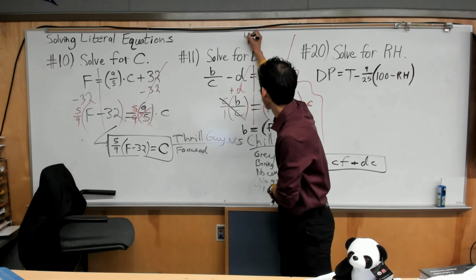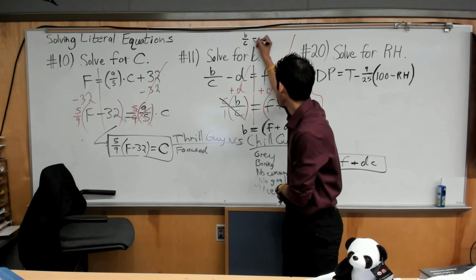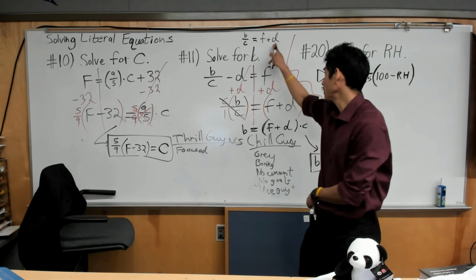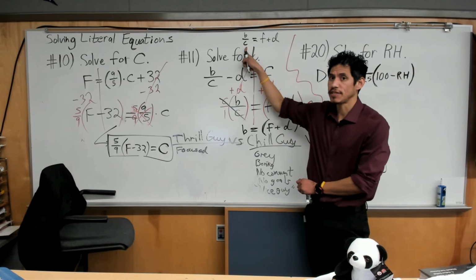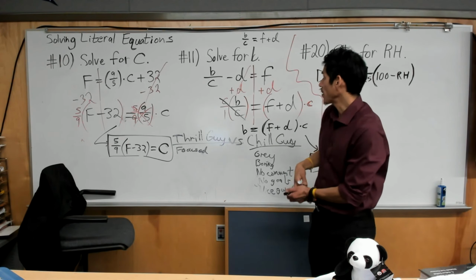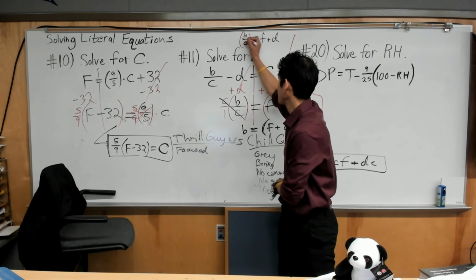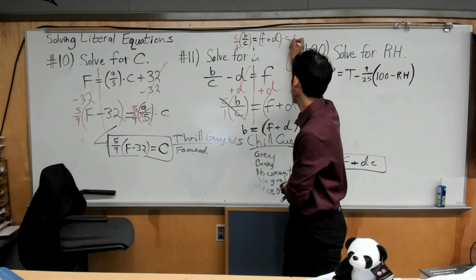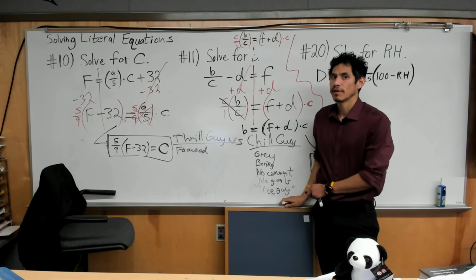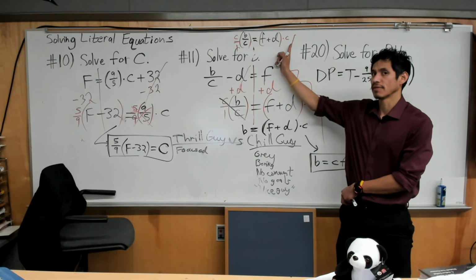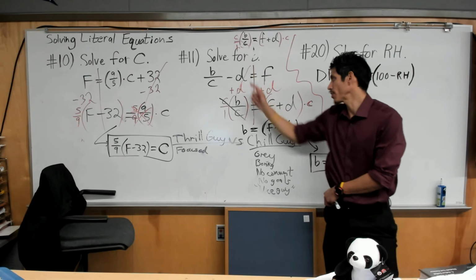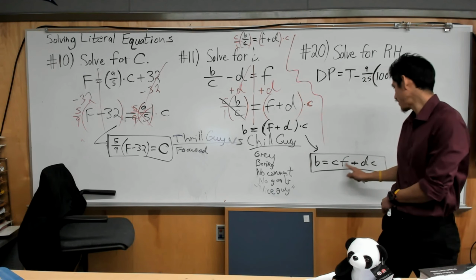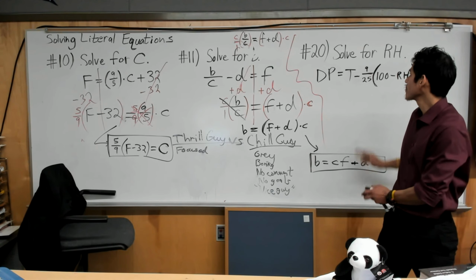B over C equals F plus D. Okay, after the first step, right? To get rid of that C, right now we're dividing by C, so we multiply each side by C. So we're not adding C, we're multiplying. So we put that whole thing in parentheses. You can actually leave your final answer like this. That's one way, that's fine. Or you can be cool like Pepe and distribute it and get B equals CF plus DC. Okay, I got it. Cool, very good.